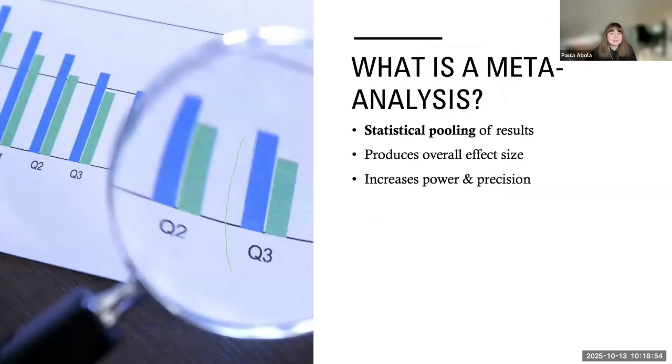You might ask, what exactly is a meta-analysis? At its core, it's just the statistical pooling of results from multiple studies. Instead of just saying 3 studies showed a benefit and 2 did not, we actually combine the numbers to calculate an overall effect size. And this is where it goes beyond just a systematic review.